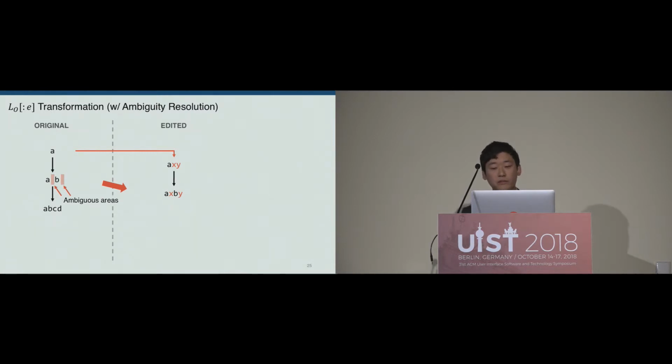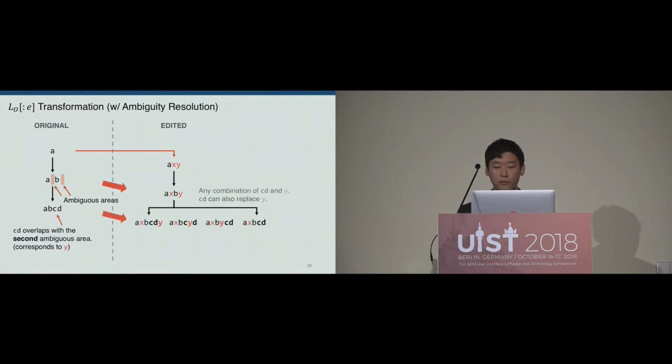And because the insertion of the CD overlaps with the second ambiguous area, we get yet another ambiguity. So we calculate the transformations by getting the different combinations of the letter Y and the C and D.